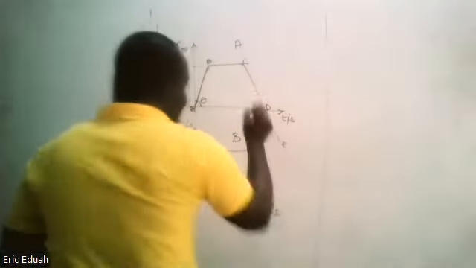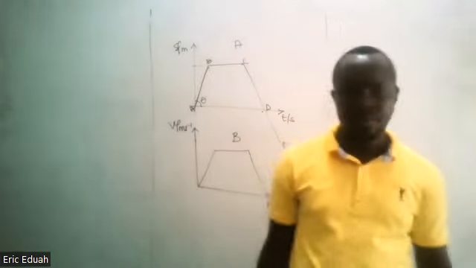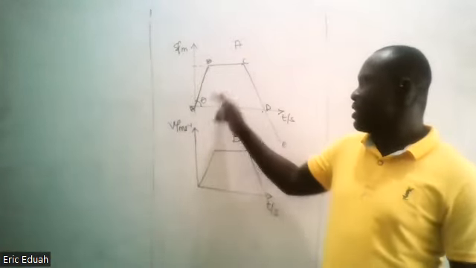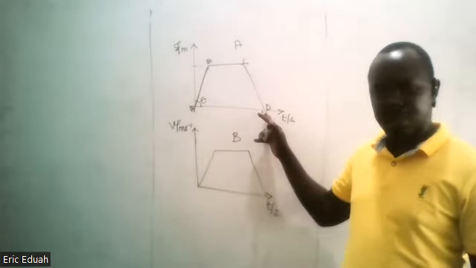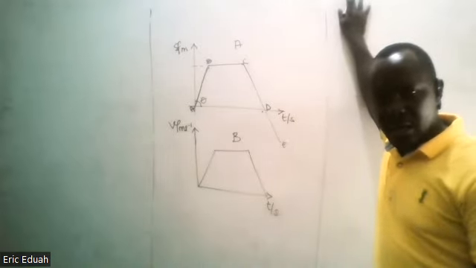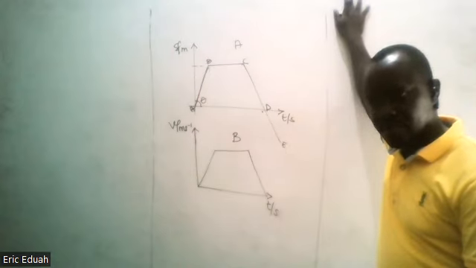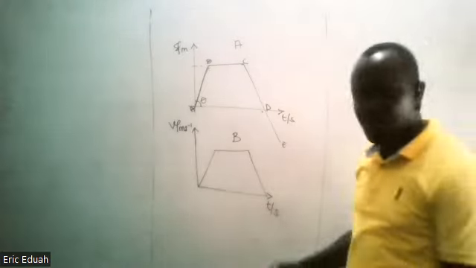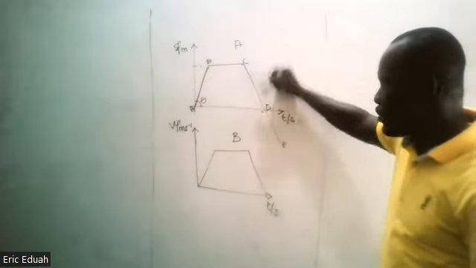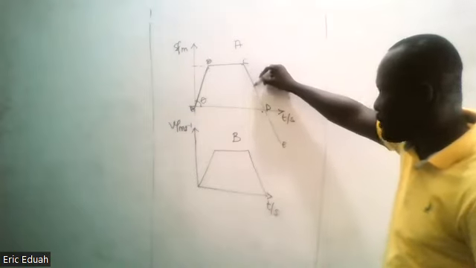All right. From D to E, what happens? The body's displacement increases with equal time in the different direction. Exactly. You see, from C to D, there is a drop in the displacement of the body.